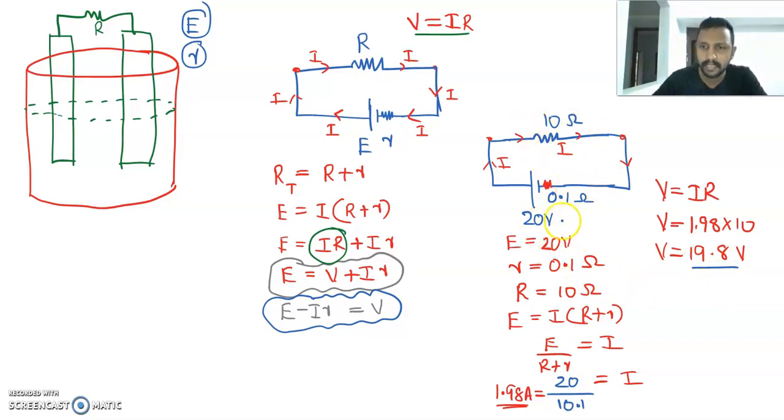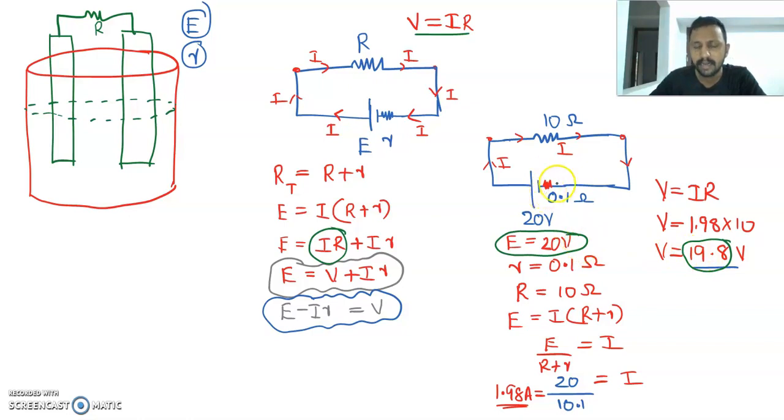If you are reanalyzing this whole thing, the EMF was 20 volt. The potential difference was 19.8. Is there a huge difference? No, there's only a slight difference. EMF is slightly less than voltage, I mean, voltage is slightly less than EMF.